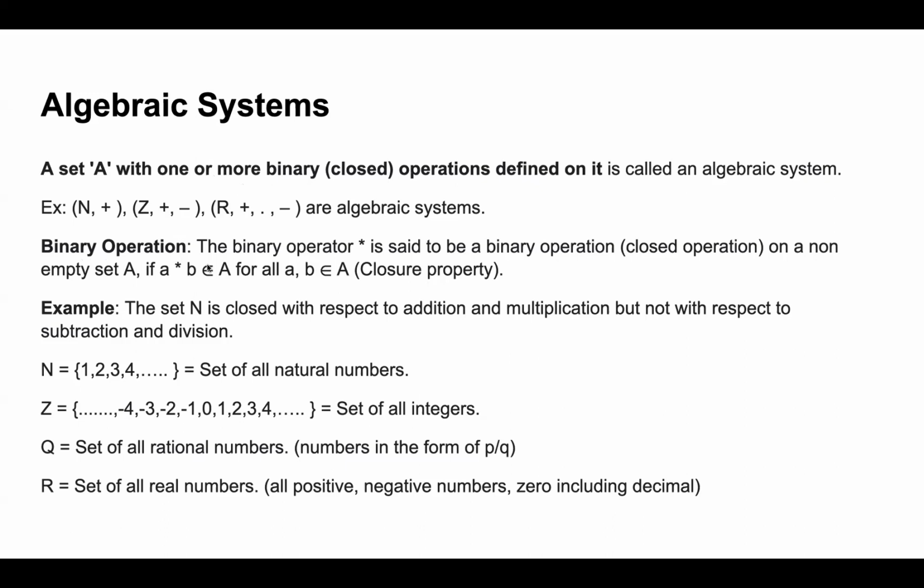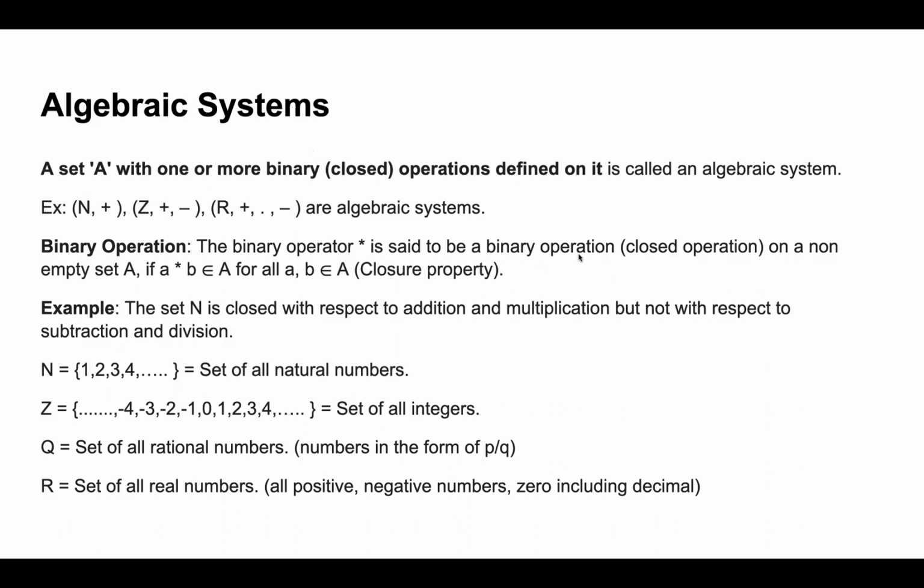Then binary operation. What is a binary operation here? The binary operator star is said to be a binary operation. Star may be anything; star is just a notation here. Star may be plus, star may be dot, star may be subtraction. Star means addition, subtraction, multiplication, division, whatever it will be.